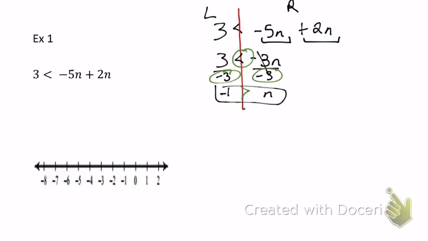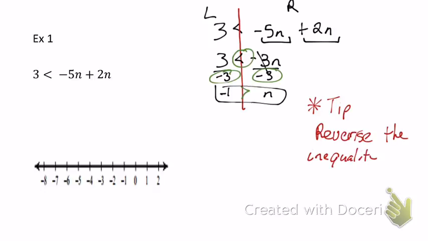However, just to make it easy for graphing, I'm going to make this small suggestion. When we go to graph it, we want to reverse the inequality, and this is only occasionally, to make sure the variable is on the left.